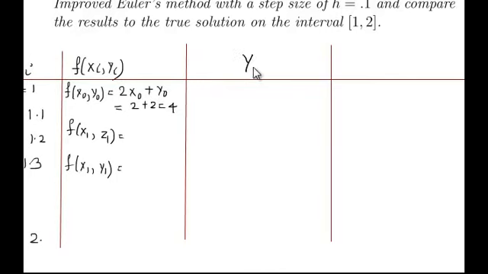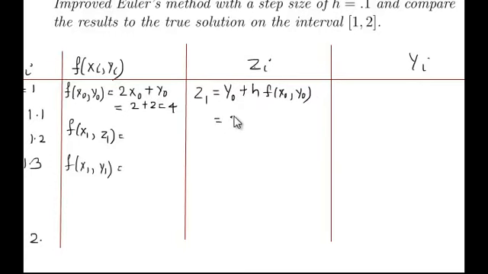Now what is yi? So first zi and then yi. z1 is nothing but y naught plus h times f of x naught y naught.